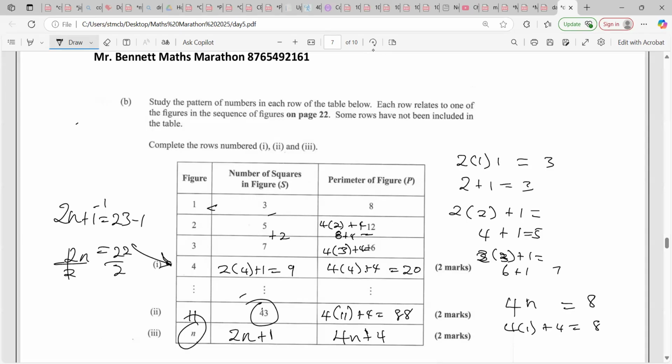Everybody get that 88? 4 times 11, 44. Oh, hold on.